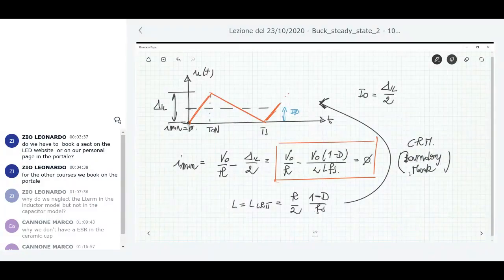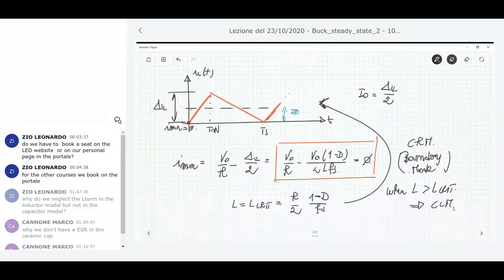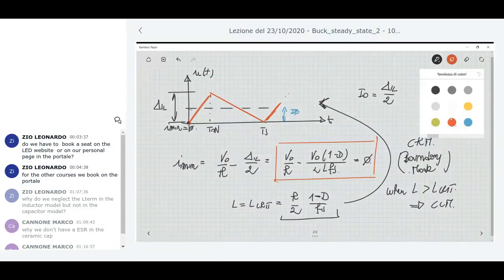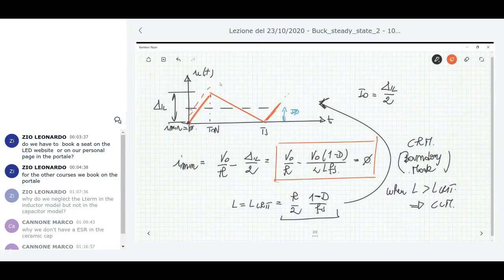When L is higher than this critical inductance, then you have continuous conduction mode, because if L is greater than this minimum inductance, then you can have a current which is strictly positive for all the time instants in each period.